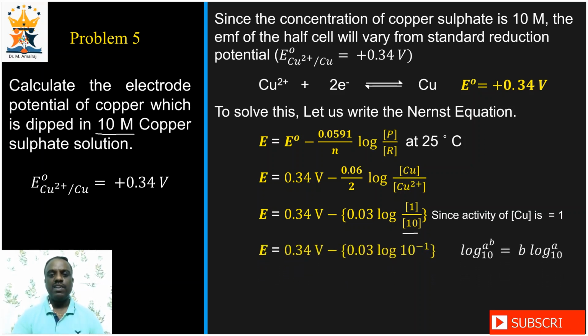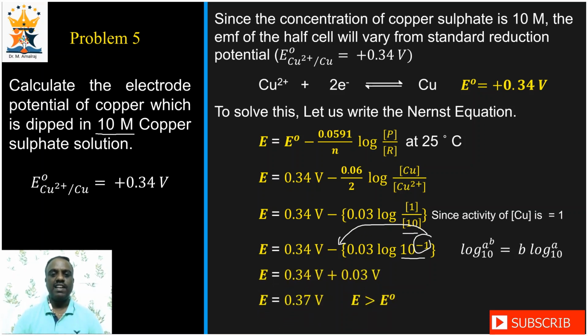When we bring it up, it is 10 to the power minus 1, and this minus 1 can be brought into the front as per the logarithmic rules. When we solve this we will get 0.37 volt. So now E is greater than E naught. If the electrolyte concentration is lesser than 1 molar, then E is less than E naught. If the electrolyte concentration is greater than 1 molar, then E is also greater than E naught.